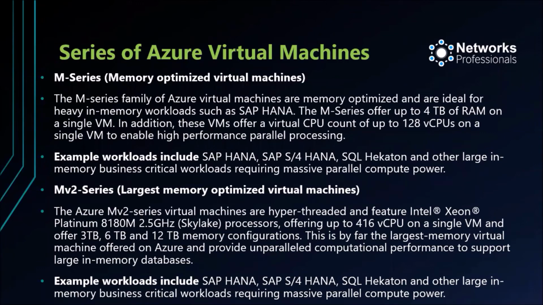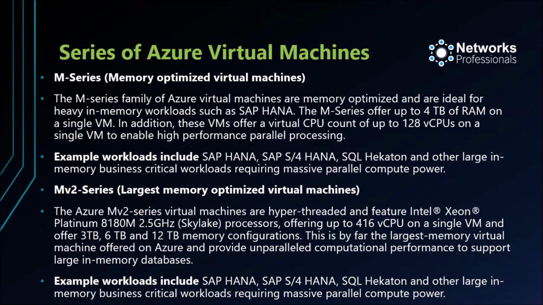MV2 series are typically large memory optimized virtual machines. The Azure MV2 series virtual machines are hyper-threaded and feature Intel Xeon Platinum 8180M 2.5 GHz Skylake processors, offering up to 416 virtual processors on a single virtual machine and offers 3 TB, 6 TB, and 12 TB memory configurations.